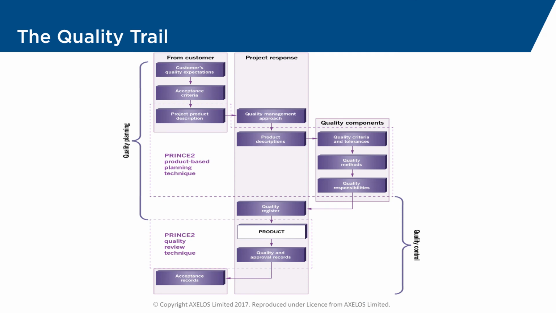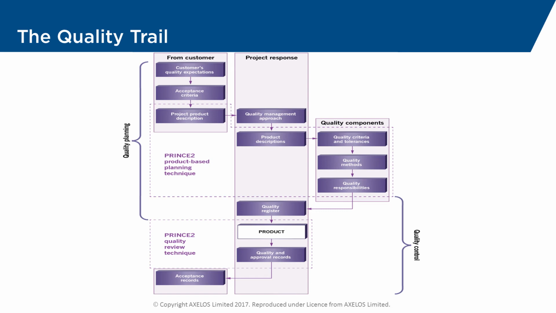One of the key things we're also going to deliver is going to be our product descriptions. So we're going to be breaking down the project's product into its component parts, and each of these will need to be described. We're going to use the quality components, so quality criteria. These are the specifics that the product has to meet. They may have tolerances around them. We're also going to need a quality method.